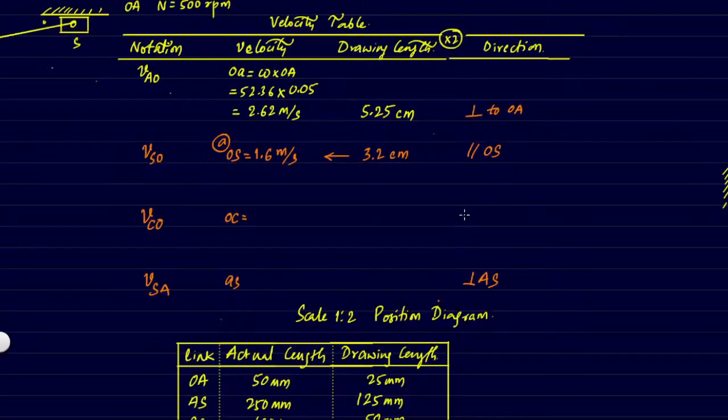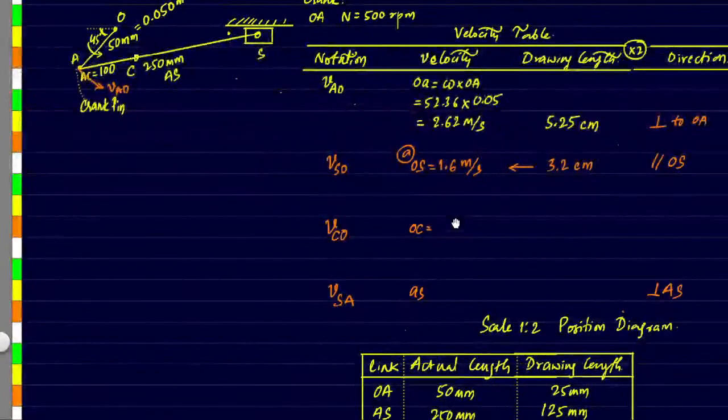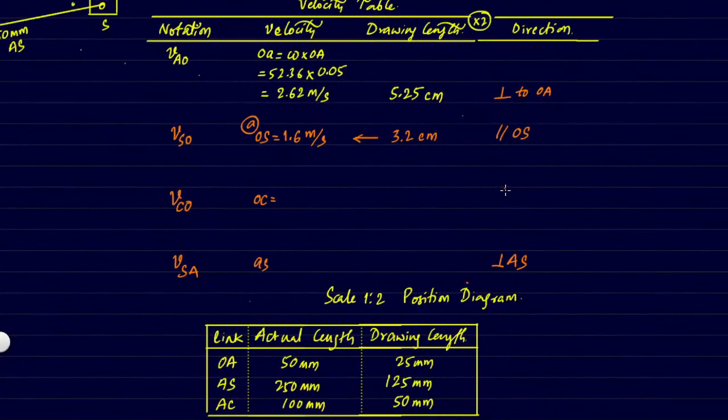This is not the thing. So to get the point C, we will have to take the length AC. So the length small ac should be taken proportional to capital AC. Okay, so ac by as should be equal to capital AC by capital AS.